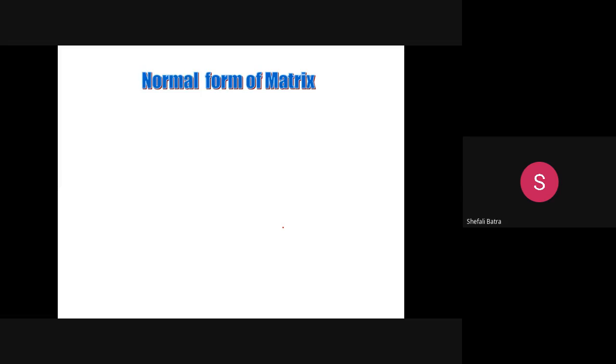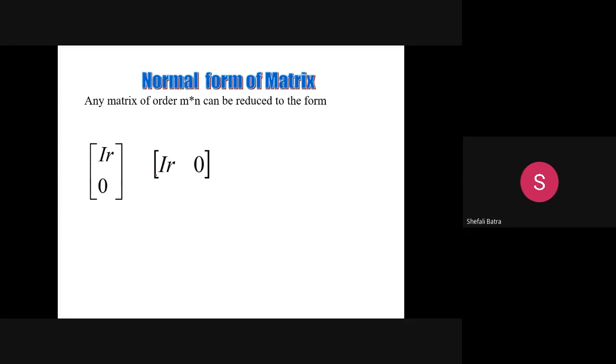Normal form of a matrix. A matrix of order m cross n can be reduced to the form [I_r 0; 0 0].